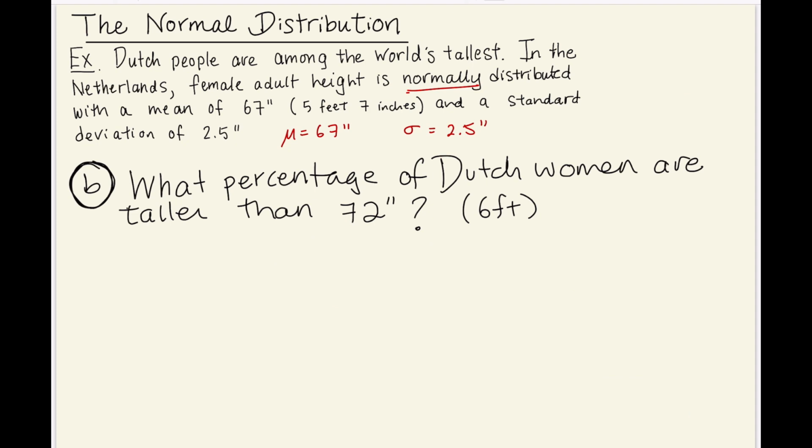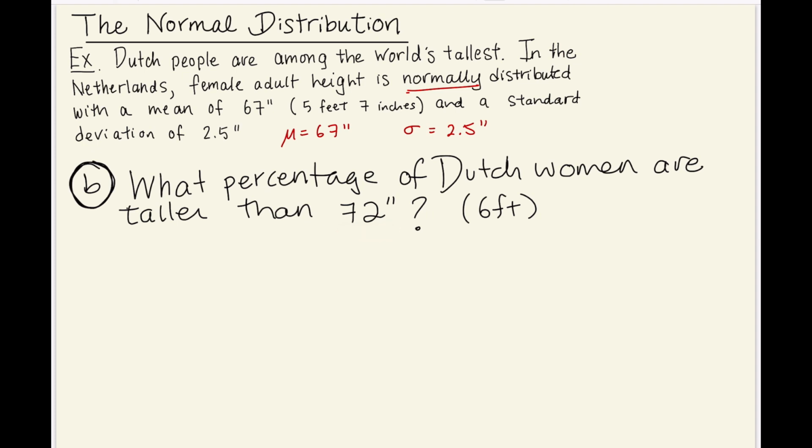So here is a second question. We would like to know what percentage of Dutch women are taller than 72 inches. So that's 6 feet tall. So in other words, if I were to randomly select one woman, what is the probability her height would be greater than 72 inches?